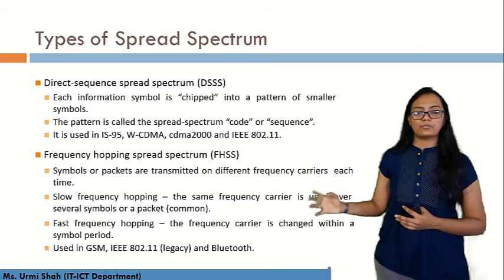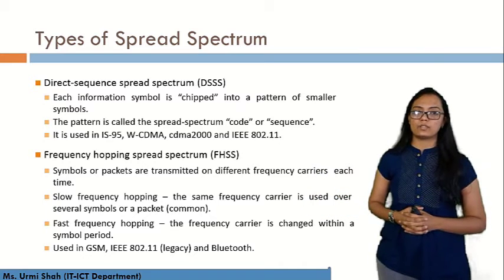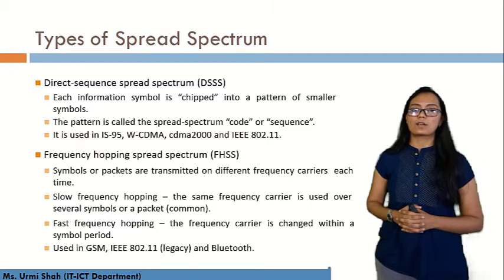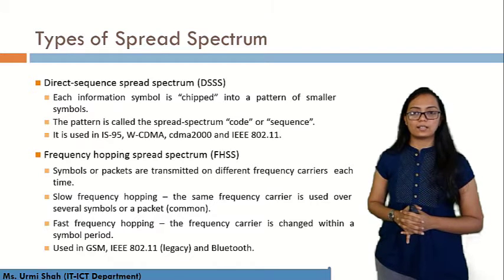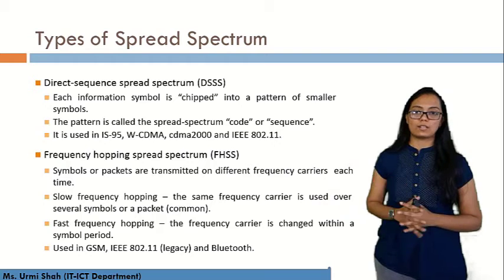Coming to the other kind of technique, that is FHSS, Frequency Hopping Spread Spectrum. Here the symbols or packets are transmitted on different frequency carriers each time. In slow frequency hopping, the same frequency carrier is used over several symbols or a packet.